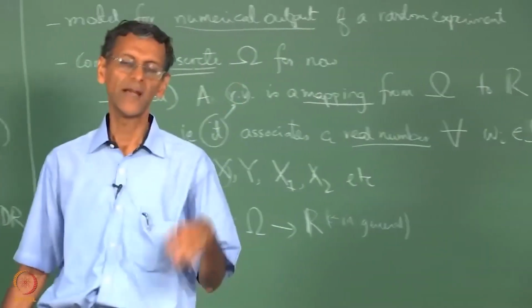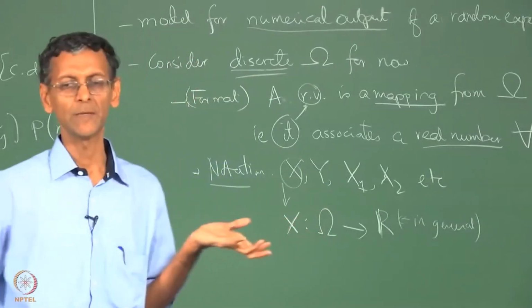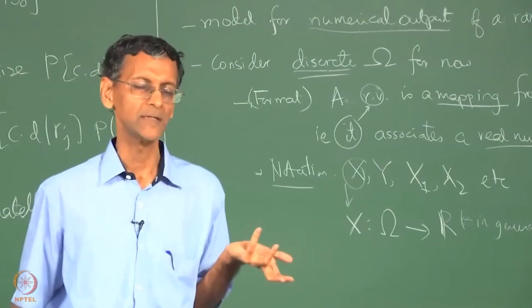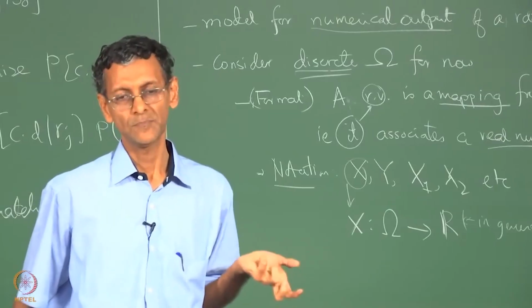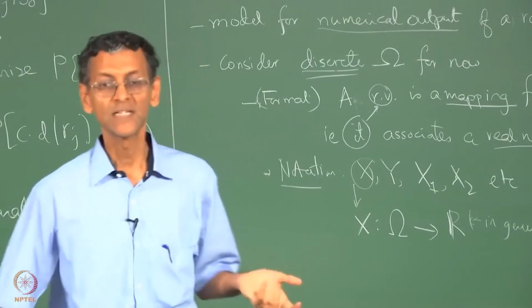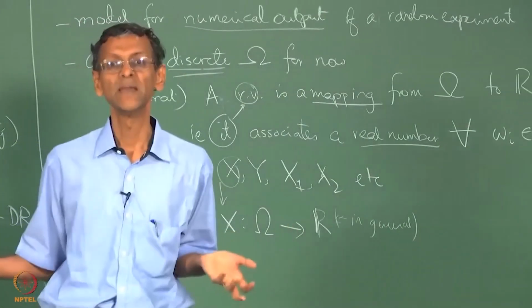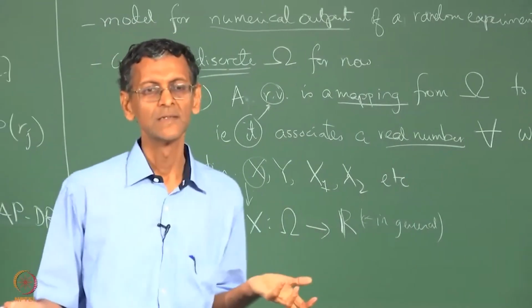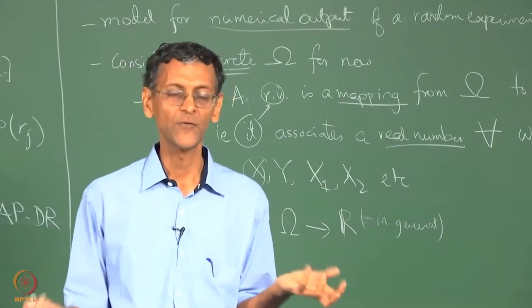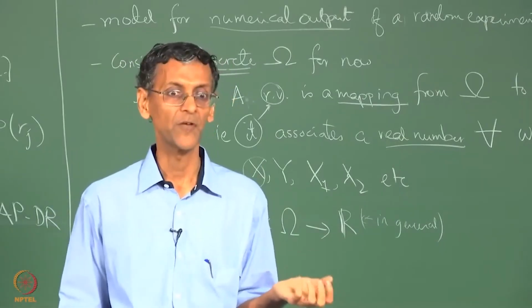You might ask why should it be R, why can't it be a smaller set? Well, there is some merit in that, we will see. Especially for a discrete space, it turns out that this R is a little big. You definitely don't cover all of R for any discrete omega by any random variable.